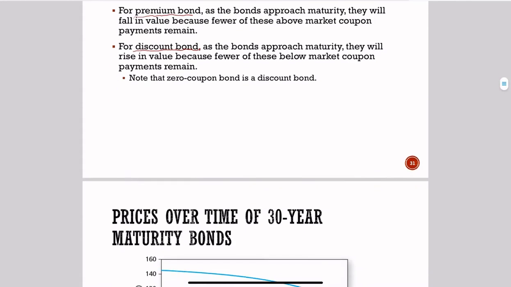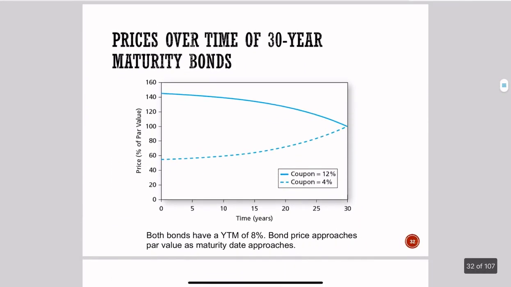Okay, now, if you look at this picture, it basically tells you the result we just talked about. Now, we have a yield of 8%. And here you can see that you have a coupon rate of 12%. So it's larger than 8%, which means this is a premium bond. Right?